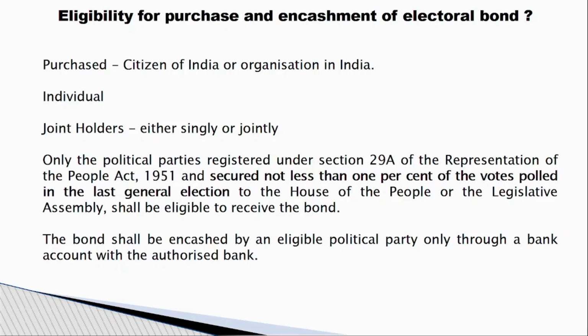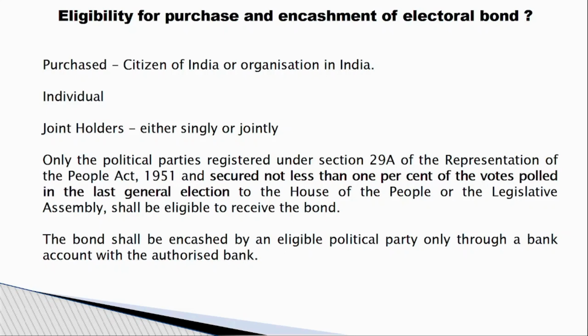For example, in a constituency, they have 1 lakh voters. If a party gets a minimum of 1%, meaning 1000 votes, then only these bonds can be encashed. The political party should have got a minimum of 1% of the votes in the previous or last general elections. Then only they are eligible to take these bonds.